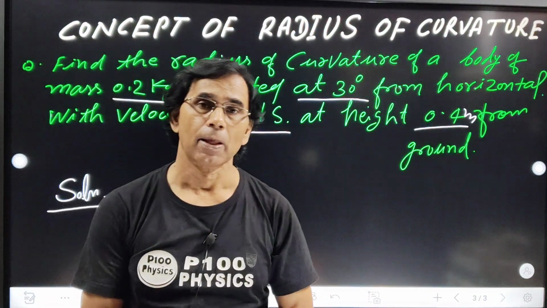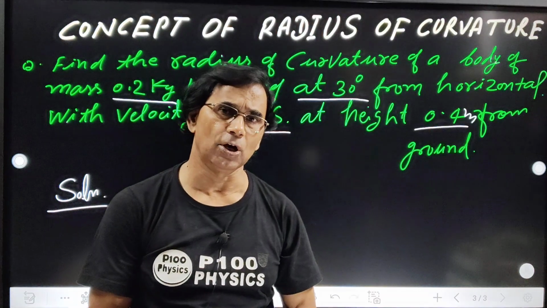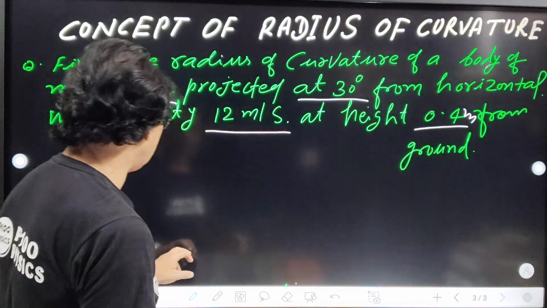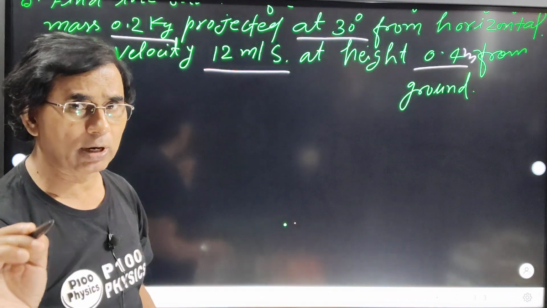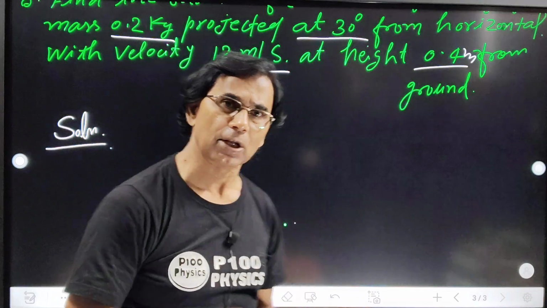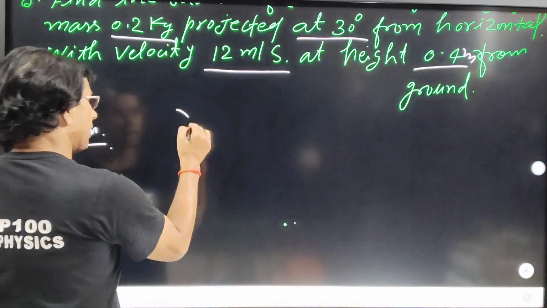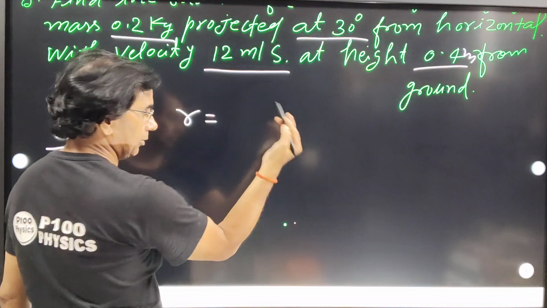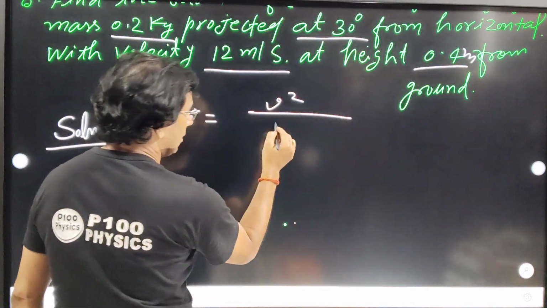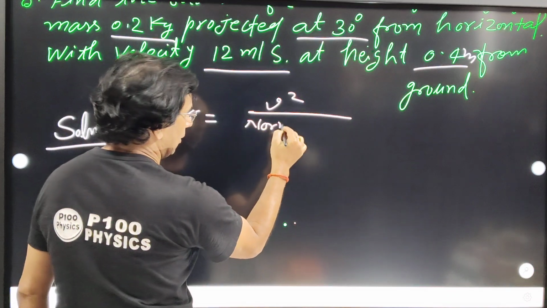What is the process? What is the value of the radius of curvature? This is the fixed formula in the case of the chapter projectile. The radius of curvature r is equal to the square of velocity upon normal acceleration.